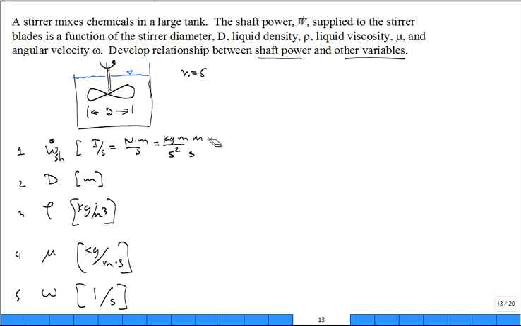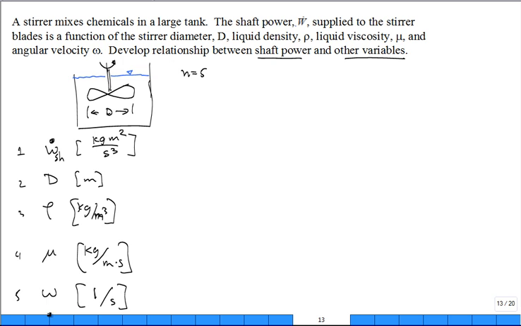So is it squared, cubed? Good. There you go. So the rest of this is just work, and we can just write it kilogram meter squared per second cubed. What about D? That's fine. How about rho, kilogram per meter cubed? That's fine. Mu is fine, and omega is fine.